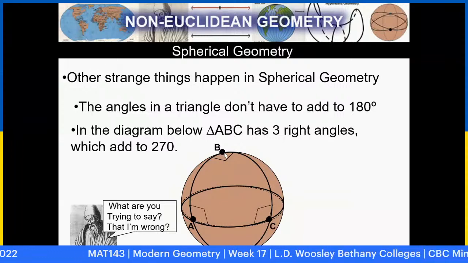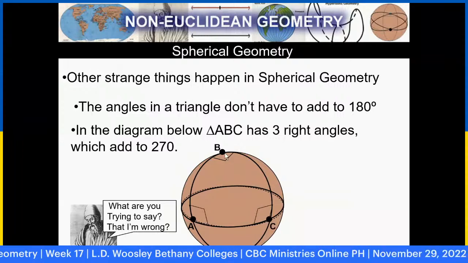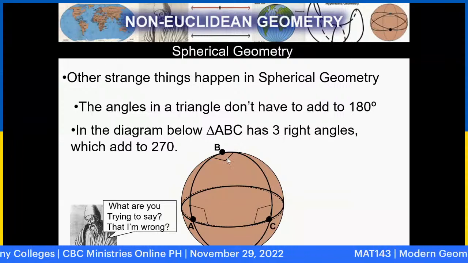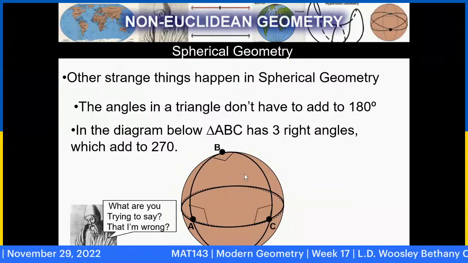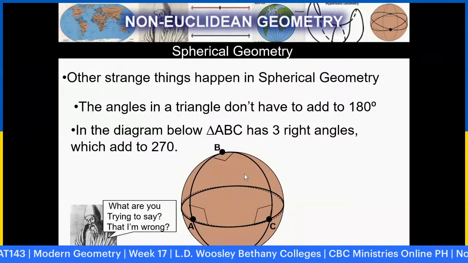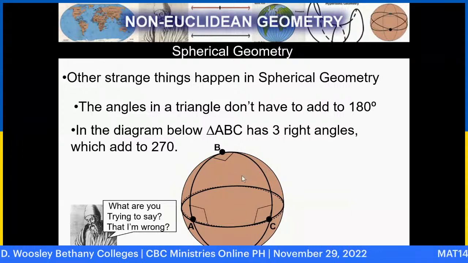So 90 plus 90 plus 90 is 270. That's very weird for spherical geometry. So of course, Euclid, you're true only on a flat surface, but not in the spherical realm.